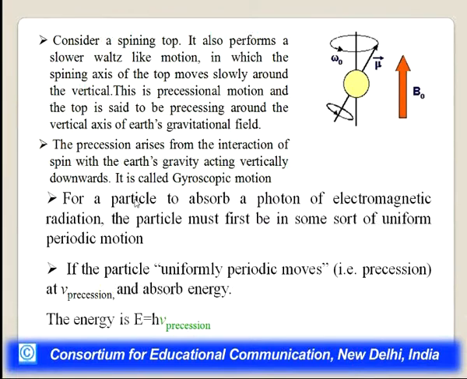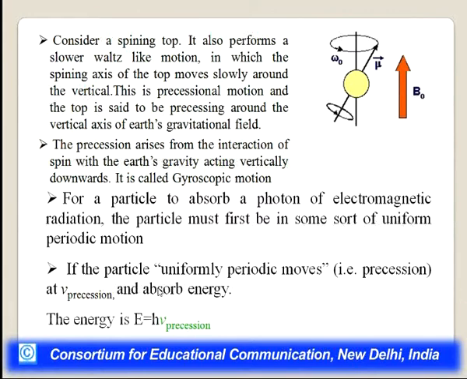and this is called gyroscopic motion. For a particle to absorb a photon, which photon? Radio wave photon. We are applying radio wave electromagnetic radiation on a molecule. The particle must first be in the same sort of uniform periodic motion, that is precessional motion. We have discussed that it has a precessional motion around the vertical axis, that is around the gravitational field.